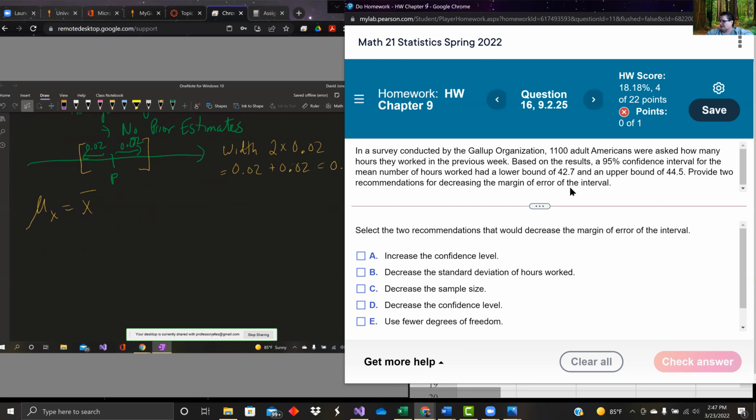So let me just, I kind of want to picture this. I got a number line. I don't know what my mean is in the middle, but I got 42.7 over there, and I've got 44.5 over here.